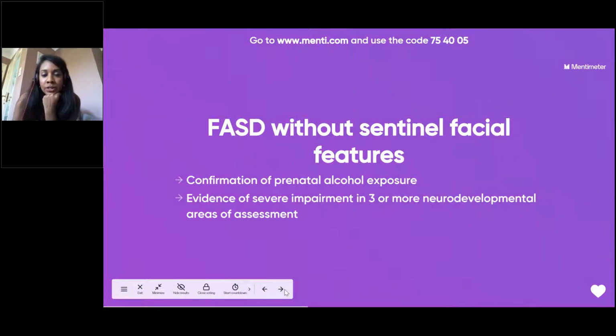What it really highlights is that it's really important when you're doing your developmental assessments, or even if a child presents to clinic, maybe not even a community clinic, but a general clinic with some of the neurodevelopmental features, to ask about prenatal alcohol exposure. And a lot of studies have shown that we're not very good at taking alcohol histories.